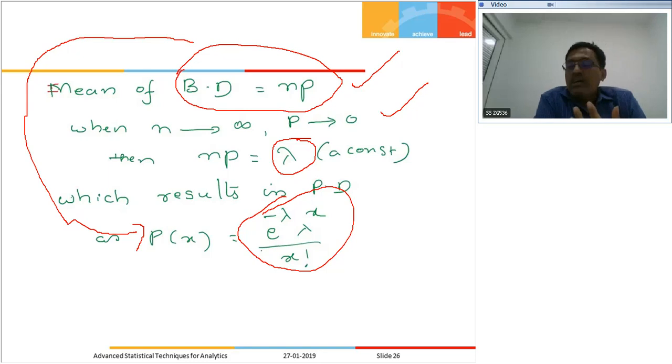And suppose I consider death because of a snake bite. Out of 10,000, the probability is very small, maybe 1 or 2 cases. That means it is the rarest of the rare events. In such cases, it follows Poisson distribution. I hope that is clear.